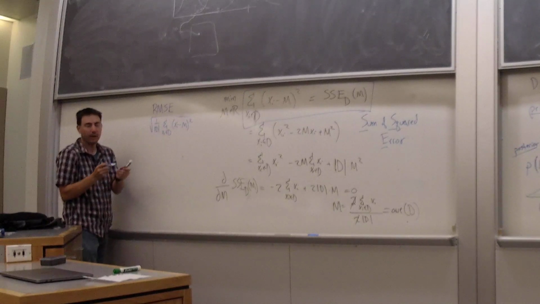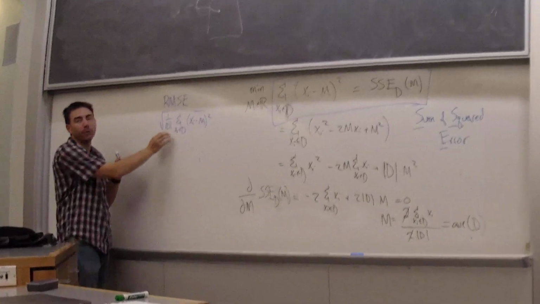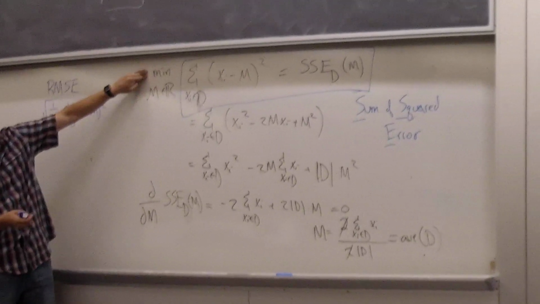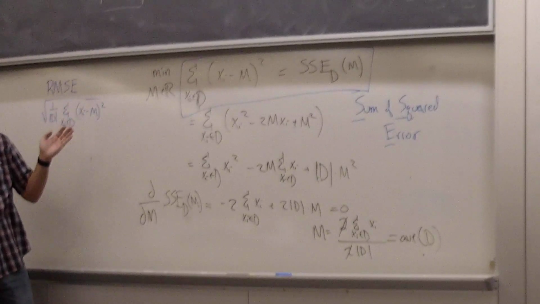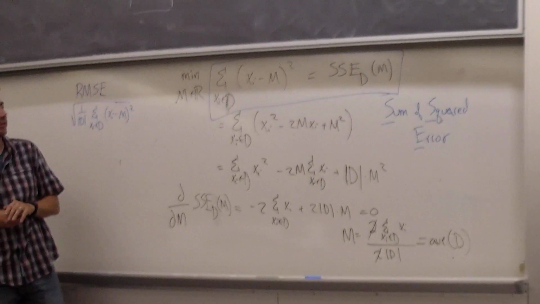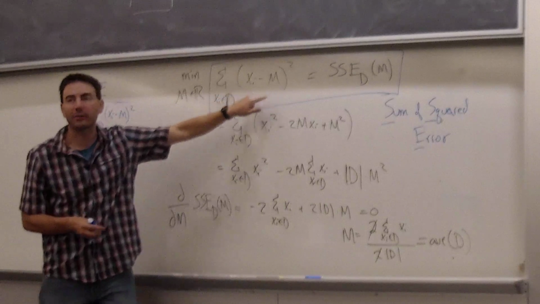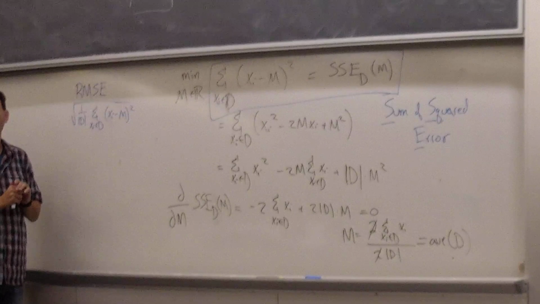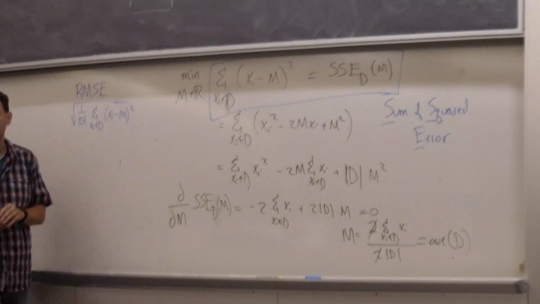This is an interpretable quantity, but it has the same minimizer as the sum of the squared errors. They're minimized at the same point because this term is always positive, so I can always take a square root, and these are monotonic functions.